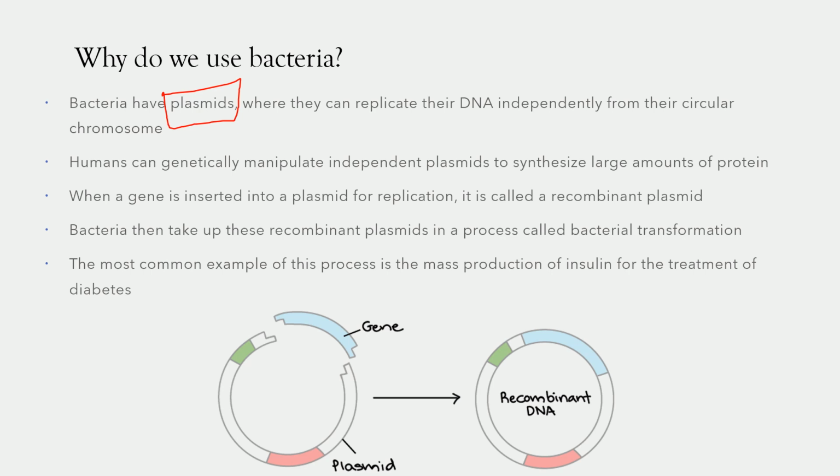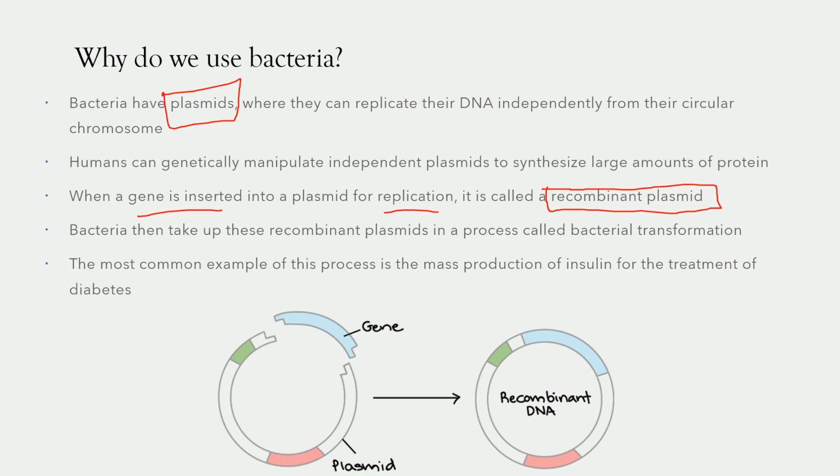What we can do is insert a gene of interest, and then the plasmid replicates, and this insertion makes the plasmid what's called a recombinant plasmid. This is where all the different names come from. The term recombinant plasmid just means a plasmid that has been inserted with a gene of interest.